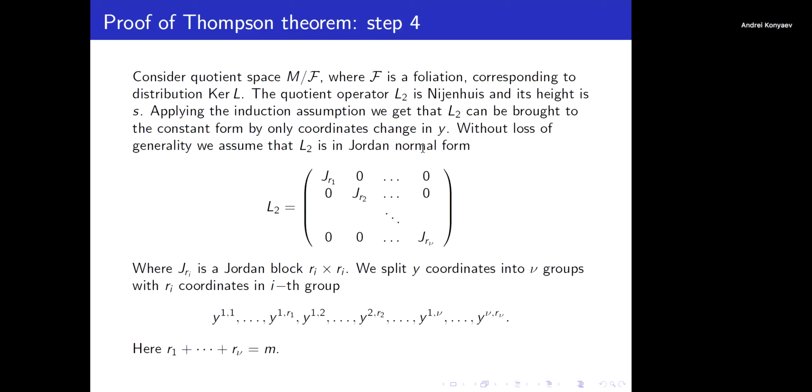To be more specific, we assume that the operator is in Jordan normal form. Each J is a Jordan block of dimension R1, right? Some of those R's might coincide or might not. It does not matter. But still we have a Jordan operator.